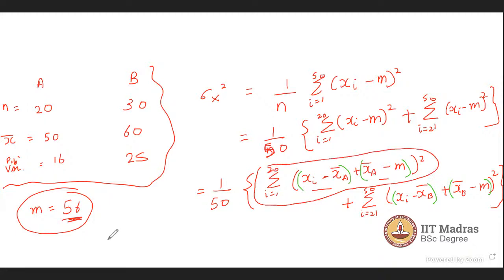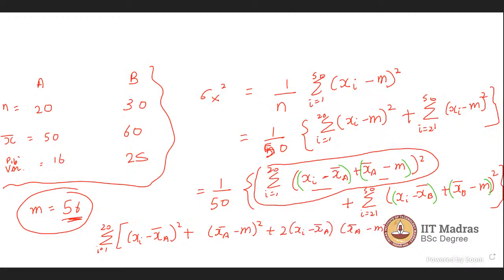So A square summation is here, A square plus B square plus twice of AB, right? X A bar minus M. Right, this is clear. Let me just erase it a bit.